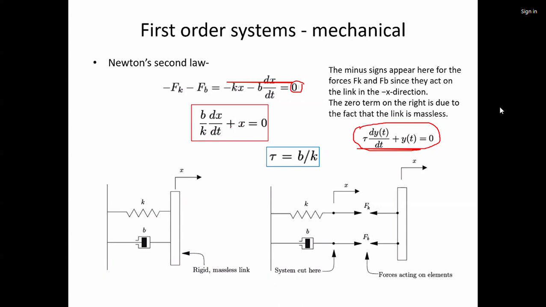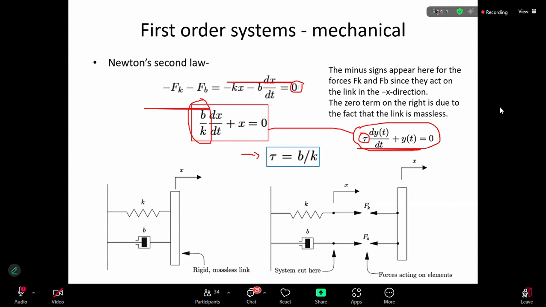In this case, y is displacement, or here in this equation, x is displacement. So if you compare these two, you can see that this B by K is similar to the time constant here. Okay. So in fact, in a spring dashpot system, the ratio of the damping coefficient to the spring constant gives you the time constant. Okay. Time constant is represented as B by K.